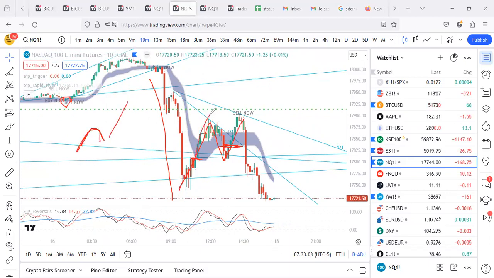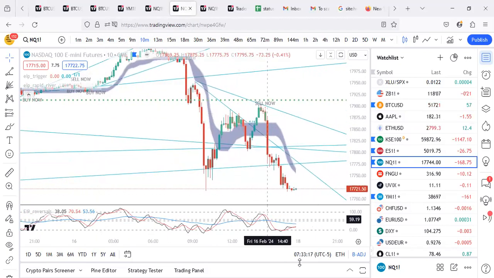It was just going up and down around the support, but never once took the actual support from the support itself. So as per the rule, it was just a phony move, and this is exactly what happened. It turned out to be just an A, B, C correction, and then the sell now was printed by the EIB trigger, and then we got the sell in the later half of the Friday session.